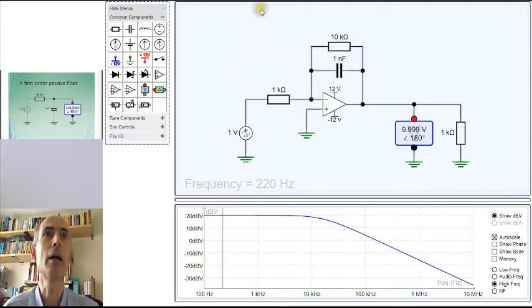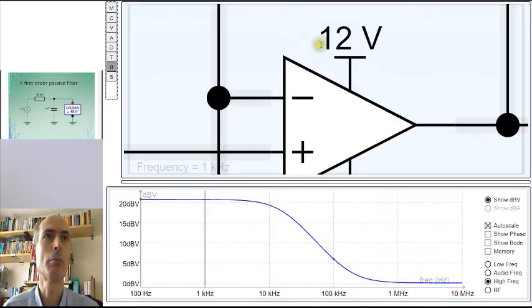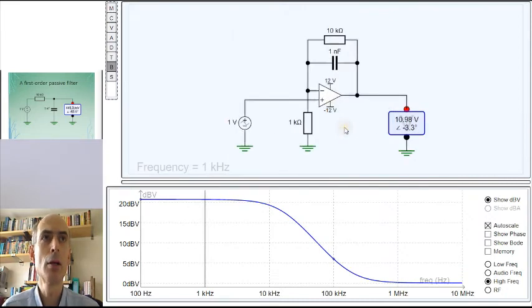We can design active filters, for example this one, which take no current in from the input, because it's going directly into one of the inputs of an op-amp, and which do not change their performance if you added a load resistor on the output, because it's being fed directly from the output of an op-amp, and the output of an ideal op-amp has a zero resistance.